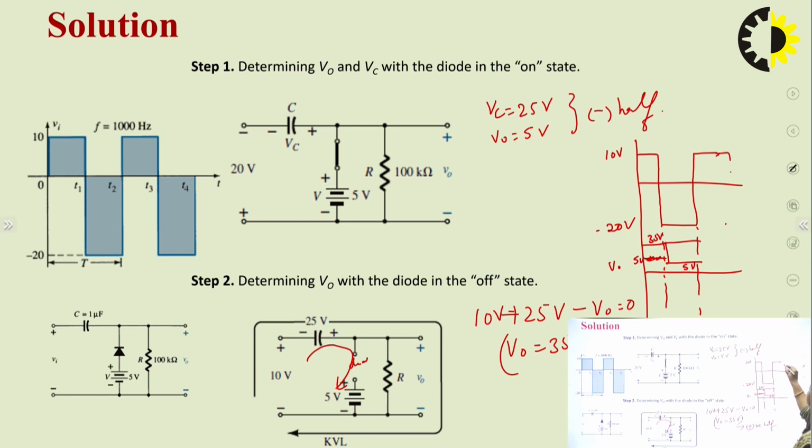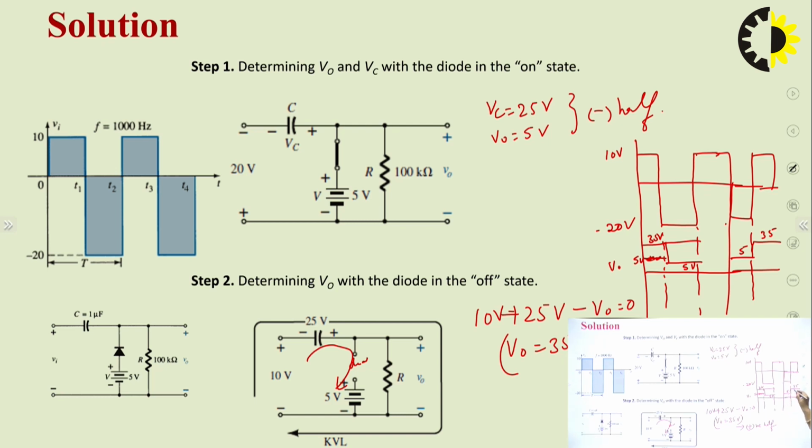We can see this for another cycle also. For the negative half it has 5 volt, and for the positive half it has 35 volt.